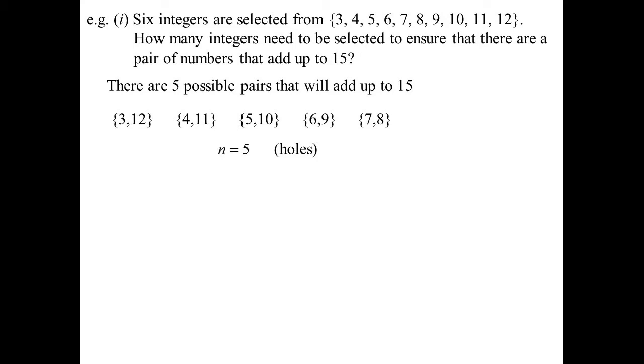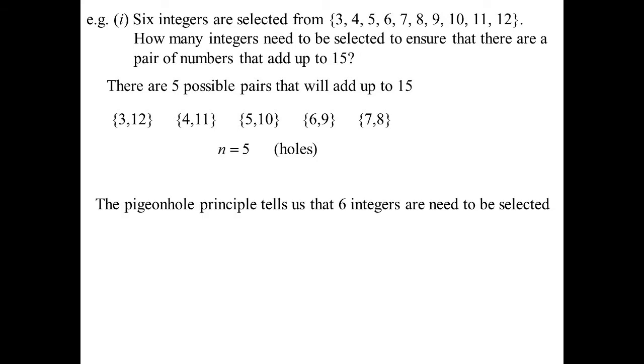There are 5 categories, if you like, 5 pigeonholes. So we're going to select an integer and put it in the appropriate pigeonhole. If I pull out a 3, I'll put it in the first one. If I pull out an 8, I'll put it in the last one, and so on. The pigeonhole principle tells us that 6 need to be selected, because you've got 5 holes and 6 would be the objects that we're placing.